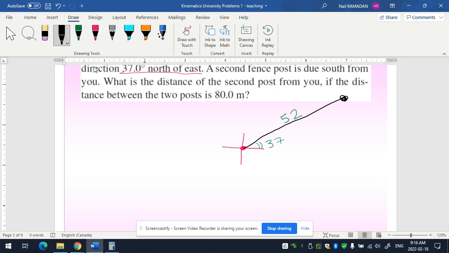And then black here. I don't know how long. I'm just generically going to stop here. Now, what is the distance between them? 80 meters. So I'm just going to elongate it a little bit. And this would be 80. Okay, the question basically is, how long is this guy?